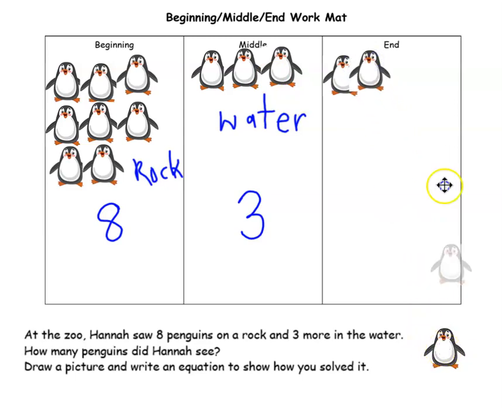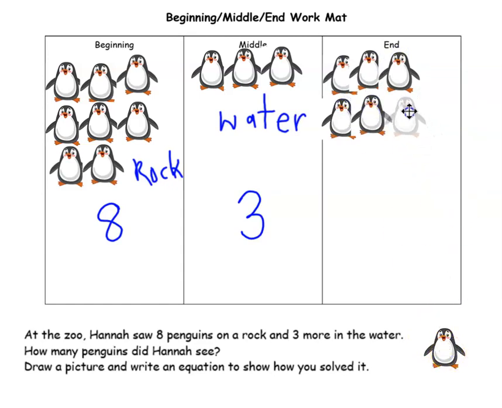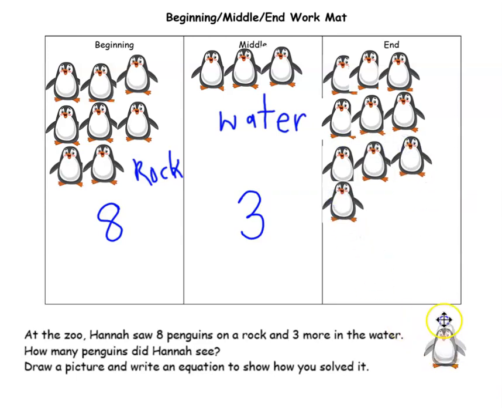So if we had 8, let's count out 8. 6, 7, 8, and let's add 3 more. 9, 10, 11. So we have 11 penguins.